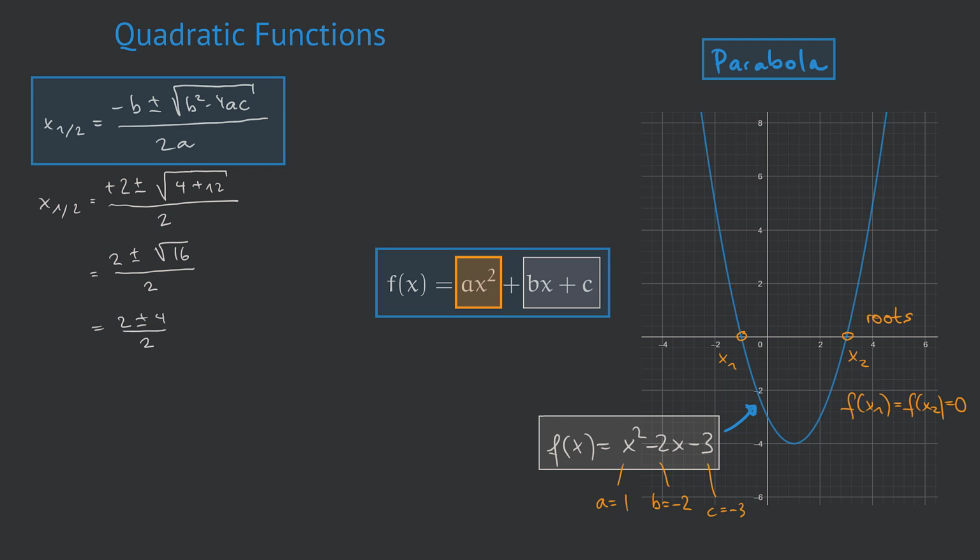We can reduce that fraction, and we get 1 plus minus 2, which is finally 1 plus 2, which is 3, or 1 minus 2, which is minus 1. So we get these two values as the roots for our quadratic function. And if we look at the graph, we see x1 indeed is minus 1 and x2 indeed is plus 3.